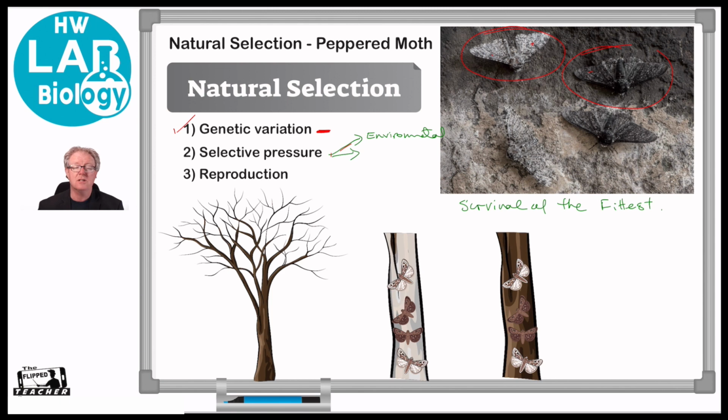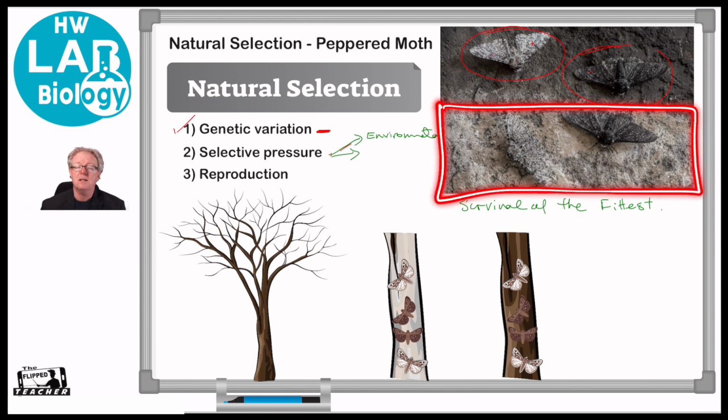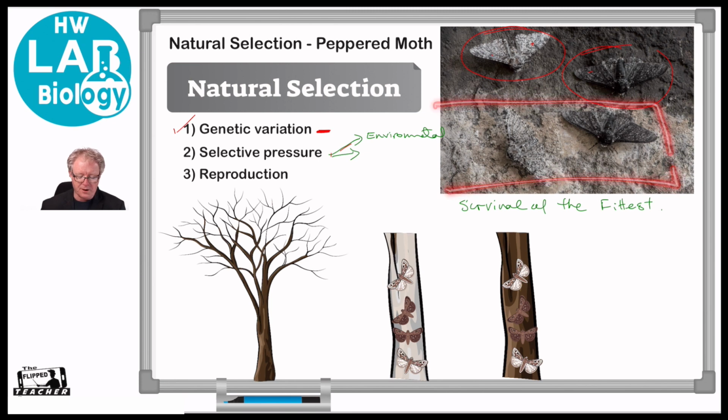So in this instance, the moth that is camouflaged, let's say we start the moth off on white trees, and this is what happened in Europe. Prior to the Industrial Revolution there wasn't much pollution in the air, so most of the trees had a light background, and therefore the light moths were camouflaged and the dark moths were eaten.